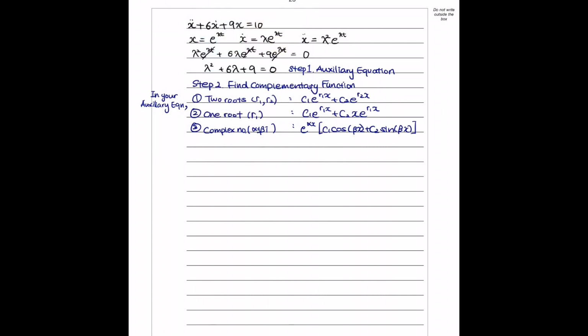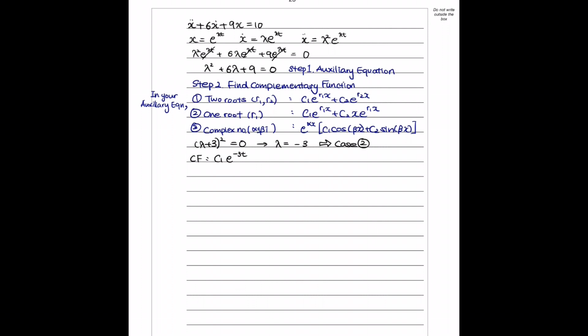Let's see our case. If you factor our auxiliary equation, it becomes lambda plus 3 squared equals 0. That means we only have a single root, which is minus 3. And this is our case 2. So we call this the complementary function, CF. It should be in the form of c1 e to the power of r1, which is our root, minus 3.